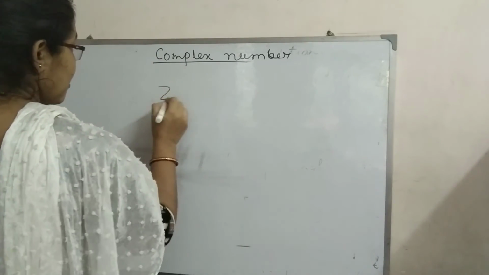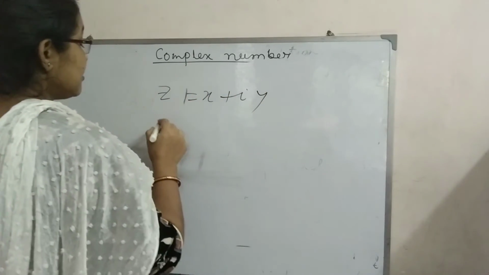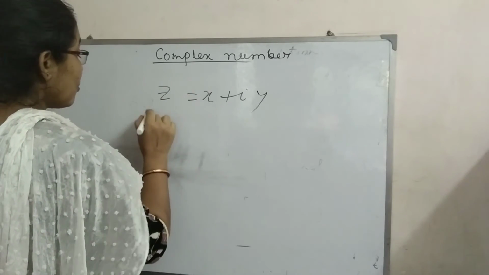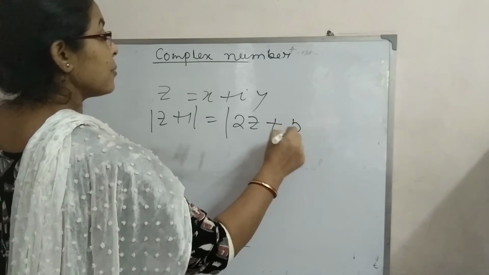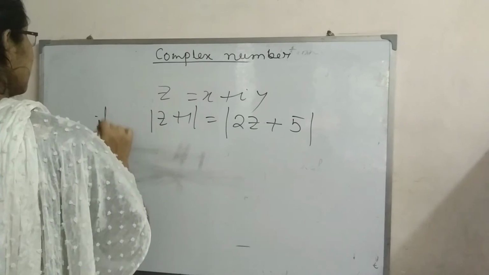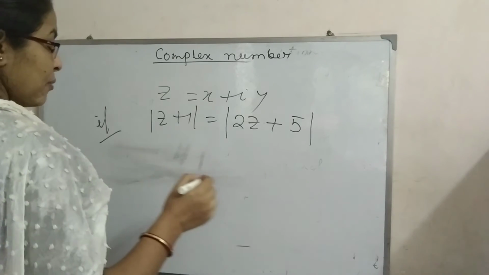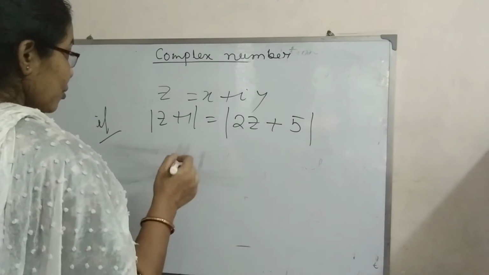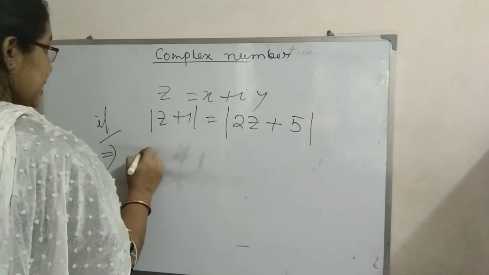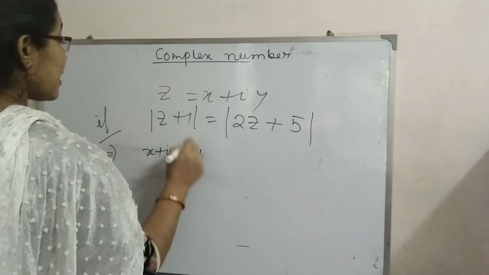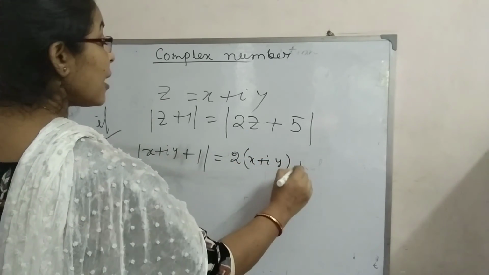If I have z equal to x plus iy and modulus z plus 1 equal to modulus 2z plus 5, if it is given, then find the expression which I will get from here. z equal to x plus iy, so modulus of z plus 1, and modulus of 2(x plus iy) plus 5.